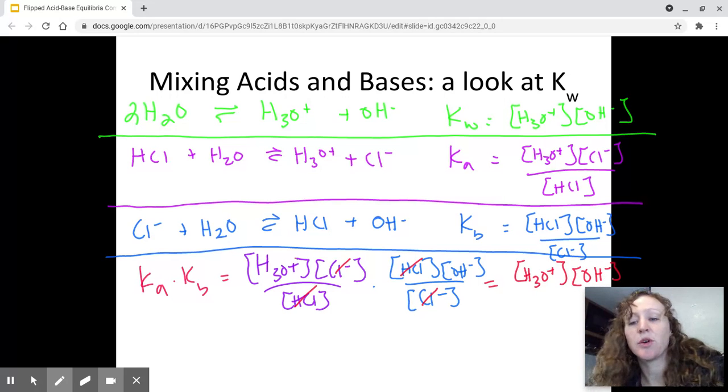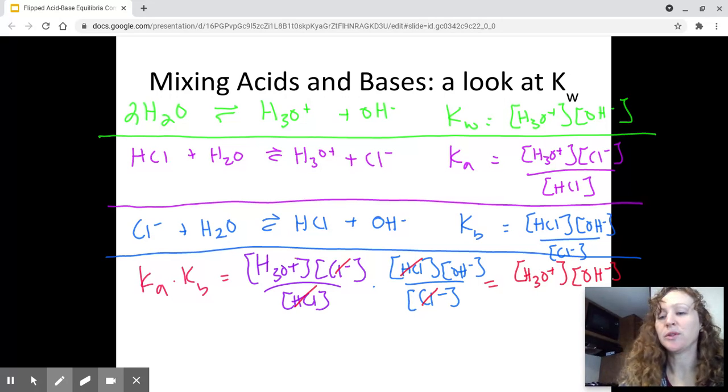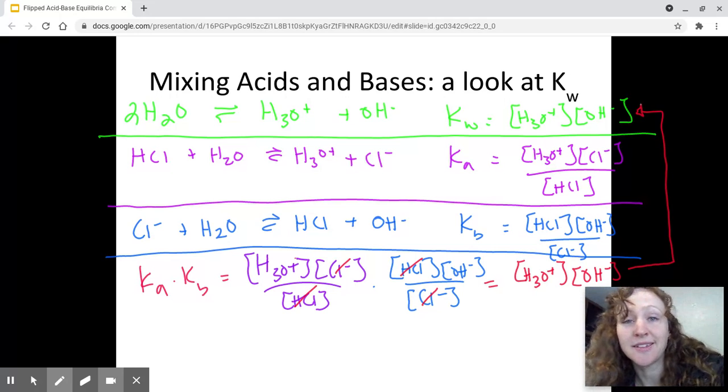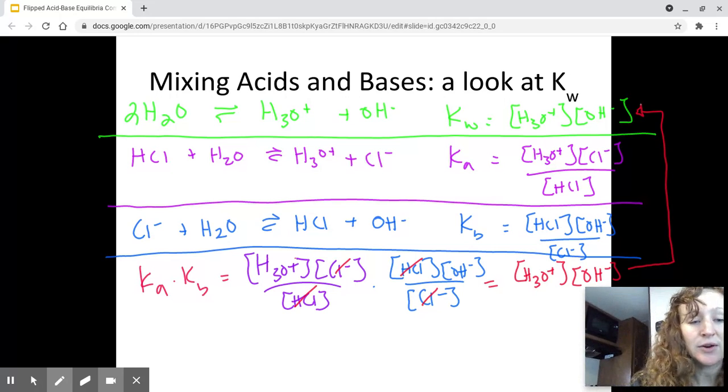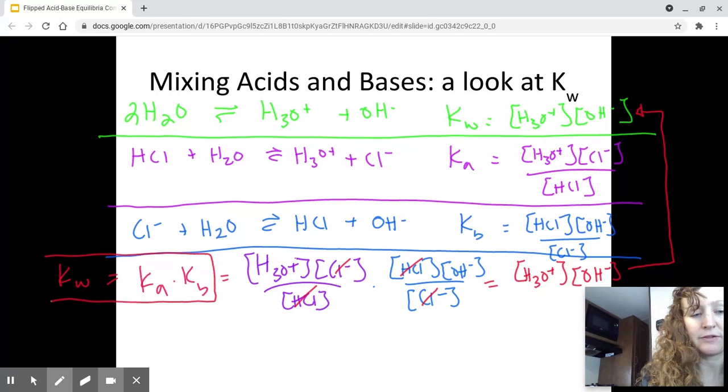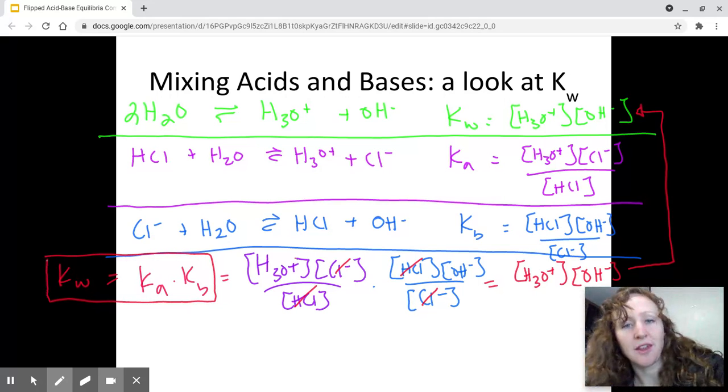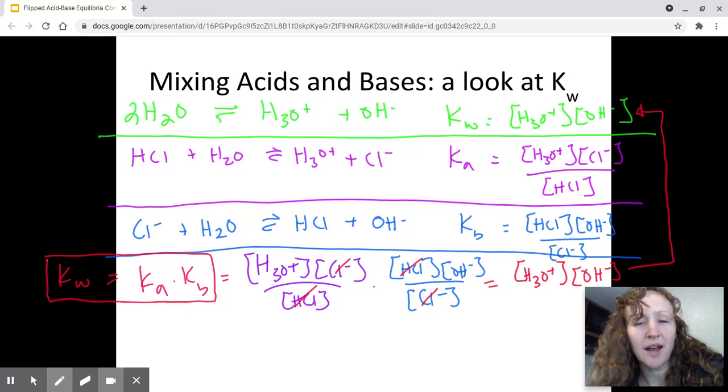So H3O+ times OH-. And notice what that is. That is Kw. And so that's why Ka times Kb is going to equal Kw. Now we have used that, but we've never talked about why that equation works. Here you go.